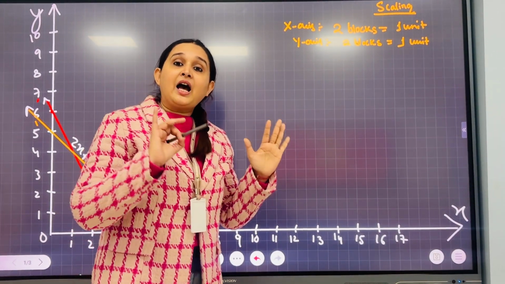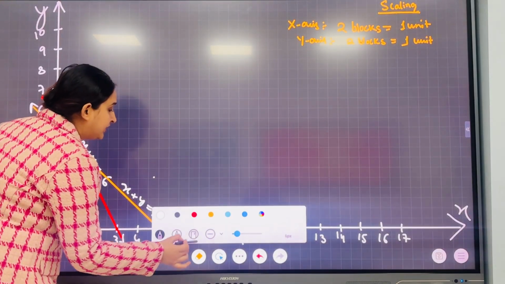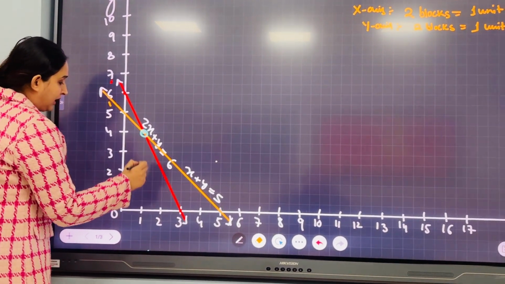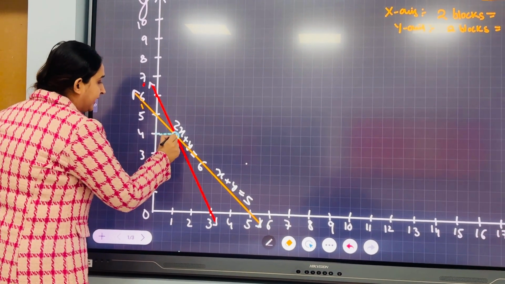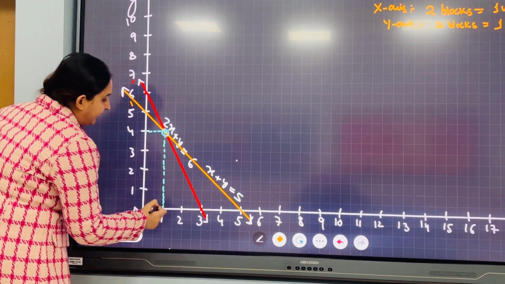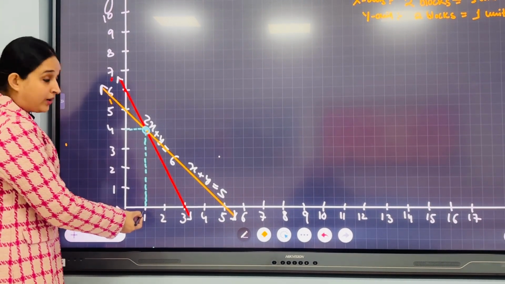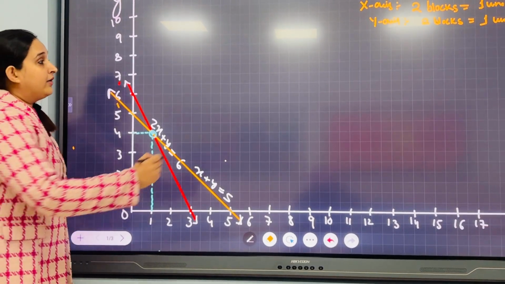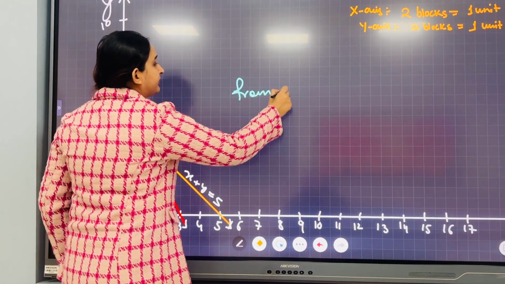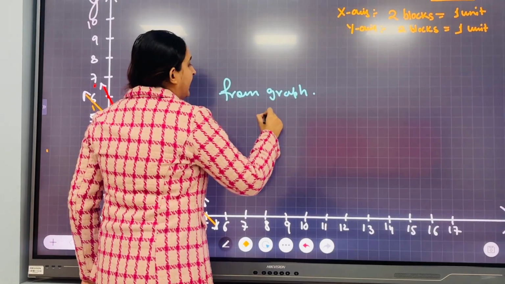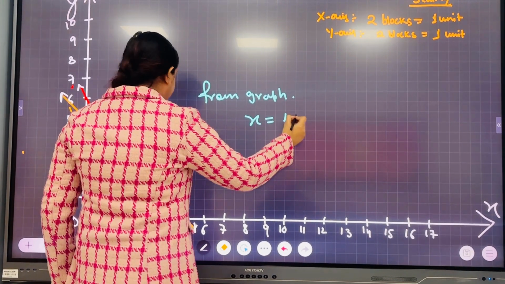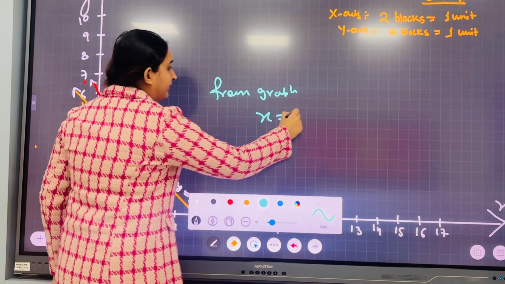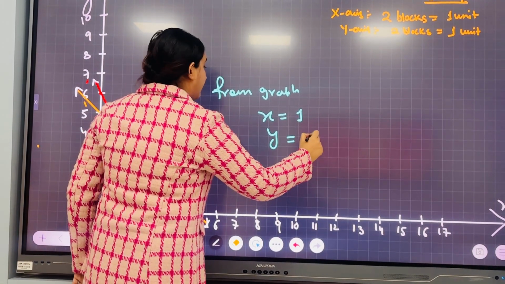Now graphically we have to solve. We have almost reached the solution part. If you can see, this is the point of intersection. Now see at what point it is intersecting. It is intersecting at x equals 1 and y equals 4. We draw the perpendicular, and from the graph we can say that x equals 1 and y equals 4.